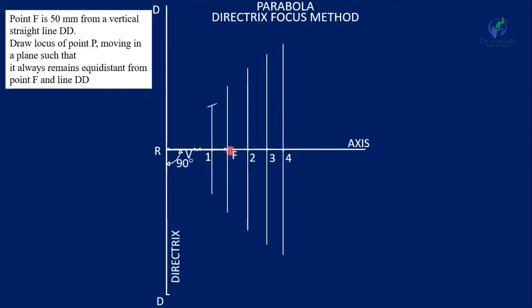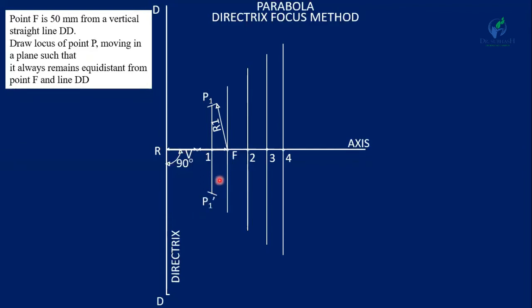Now with F as a center and radius equal to R1, draw an arc on this line. So this point is P1, and similarly on the other side you will get another point P1 dash.